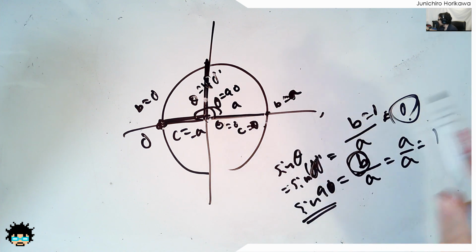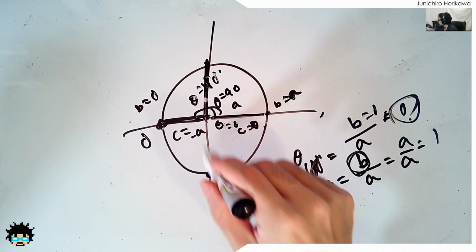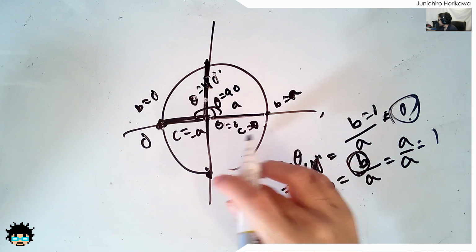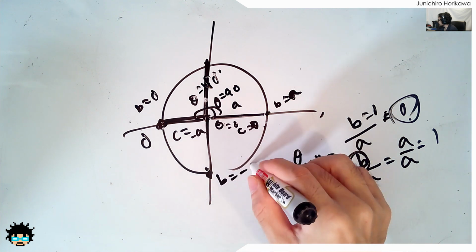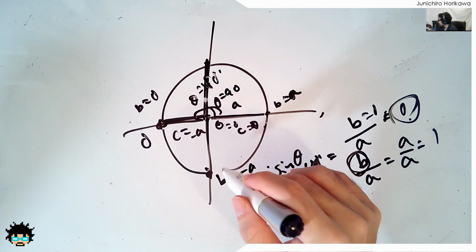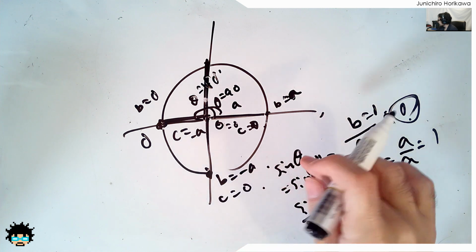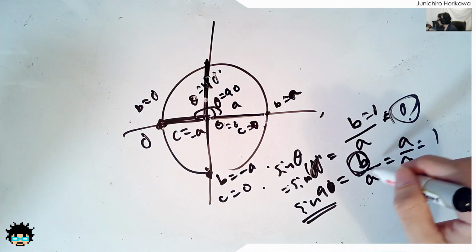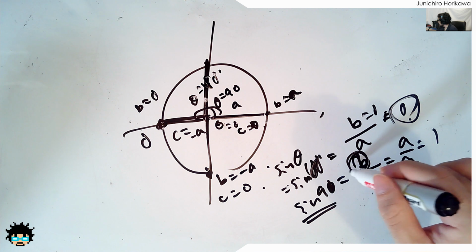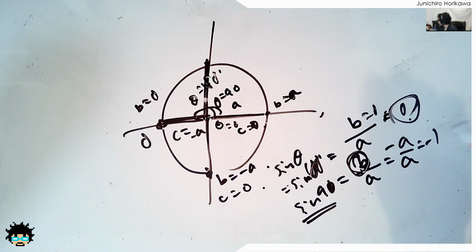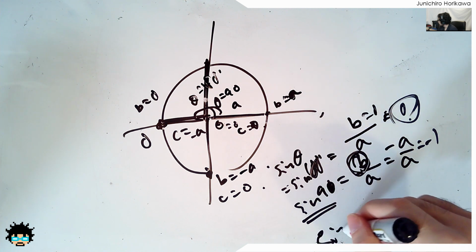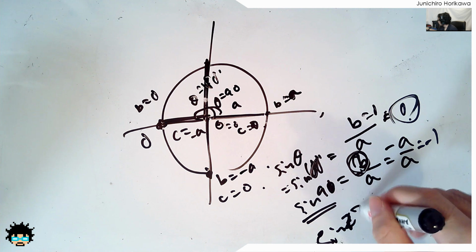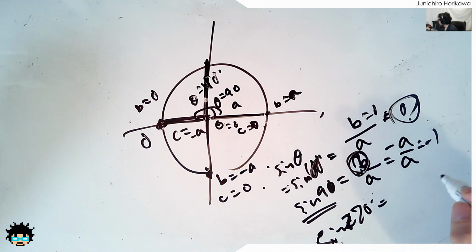Sine 180 degrees is 0. Now for this point, this time the b becomes -a and c becomes 0. And since we're using b here, and this is going to be -a, so the result of sine 270 degrees is equal to -1.